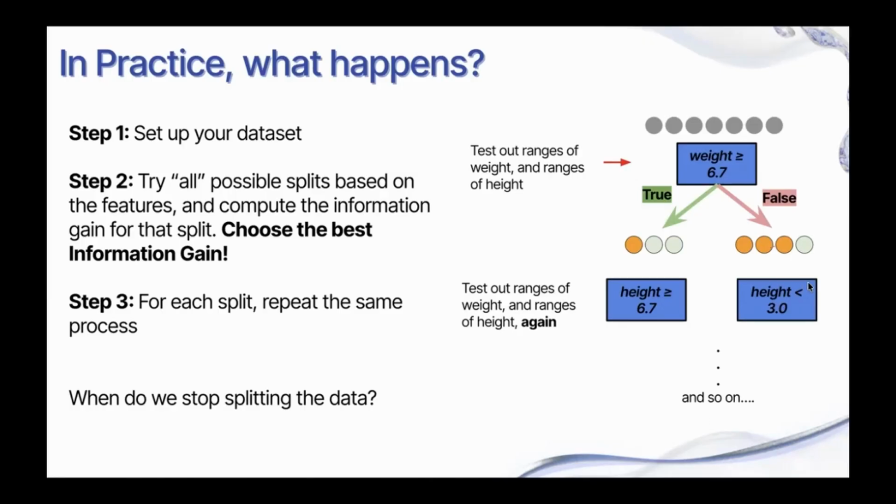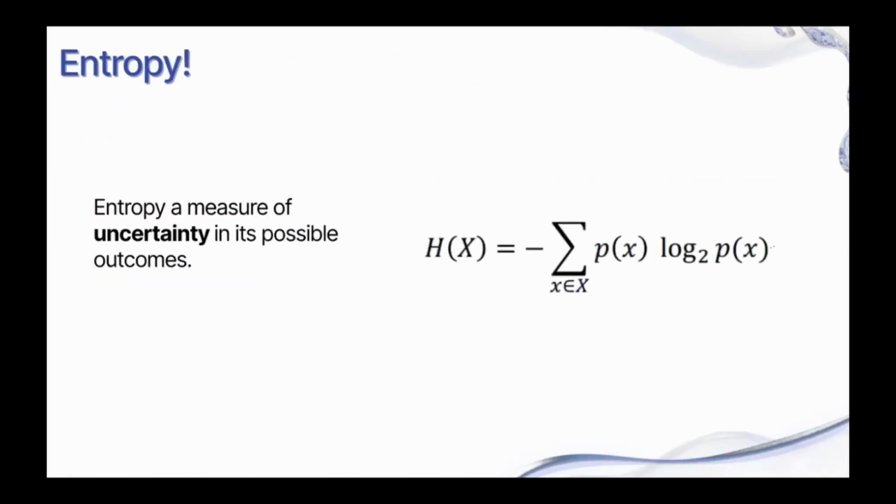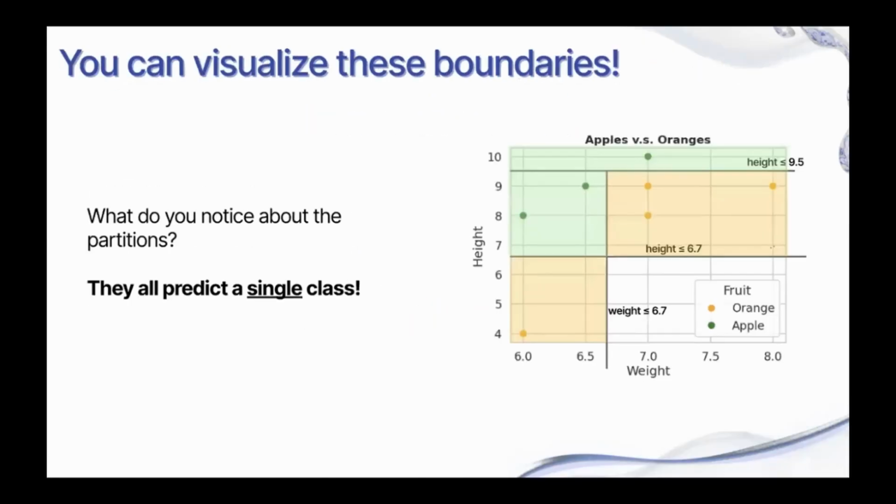Theoretically, in an ideal world, we can just keep splitting until everything is pure. If you go back to this old slide over here, I have just made it convenient for you guys so that everything is pure.